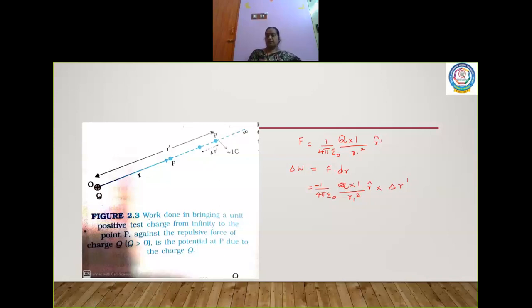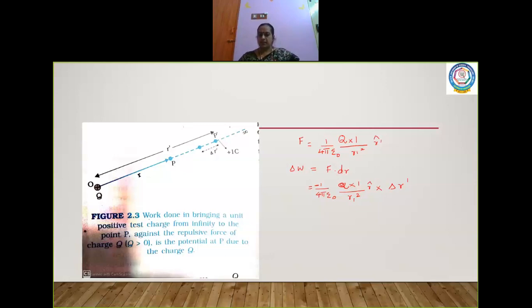Now, if I want to find the total work done from infinity to this point P, I integrate this equation. This is for the small distance del R dash. If I integrate, I will get the total work done in bringing the test charge from infinity to the point P. Is it clear, children?